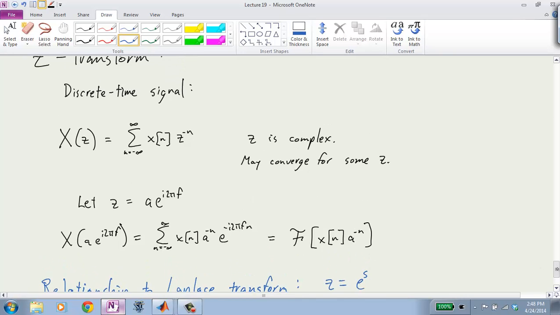Okay, if you let z equal e to the s, then just plugging that in here, we would have e to the negative sn. It would be just like the Laplace transform.